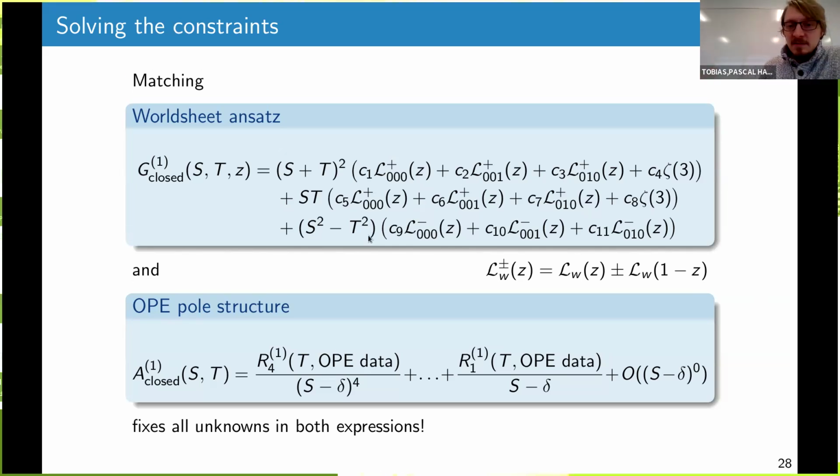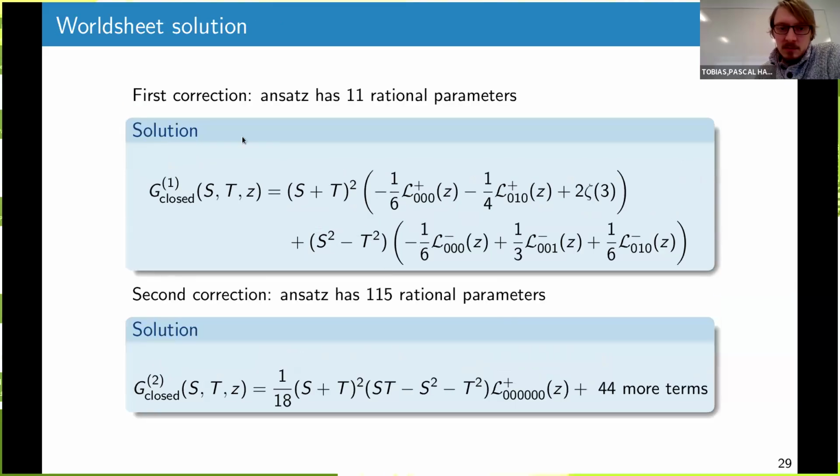And then this has 11 rational coefficients. And now matching this with this OPE pole structure turns out it fixes all the unknowns in both expressions. So the C's in the top expression and the OPE data in the bottom expression. And then this is the solution. So some of the terms actually cancel out. And we can also do the same for the second correction, where we have weight 6.